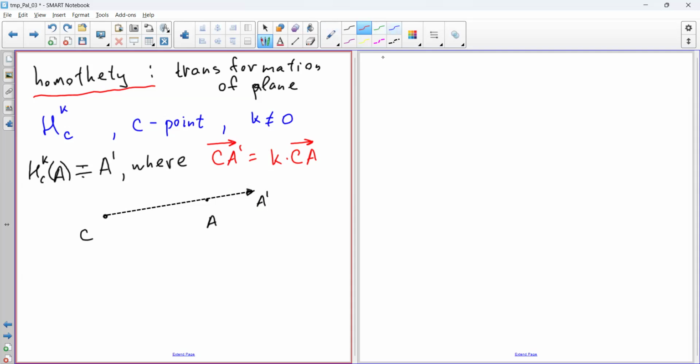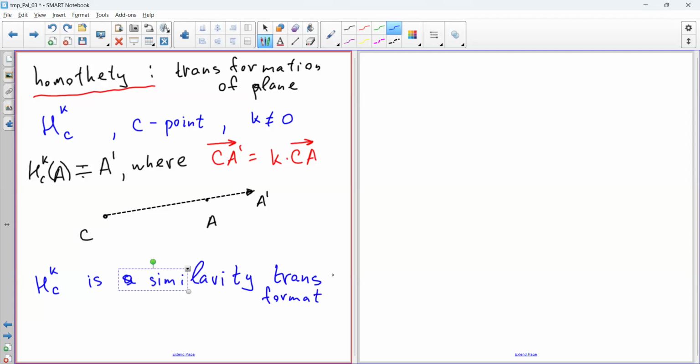So we have that any homothety is a similarity transformation, which means that the homothety of any triangle ABC would be similar to triangle ABC.